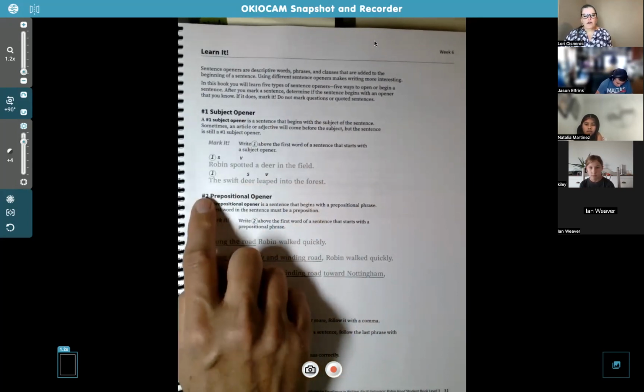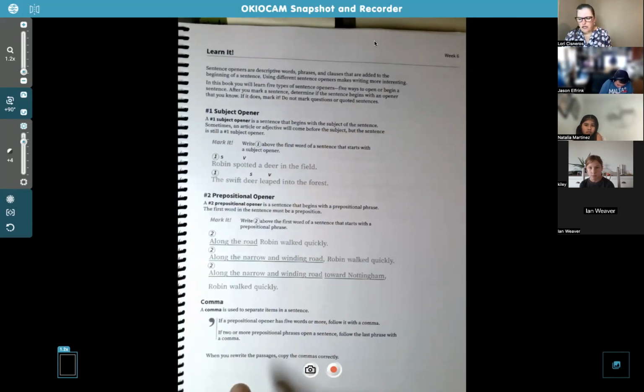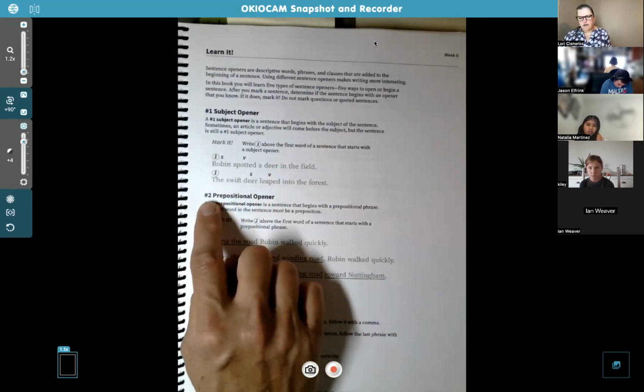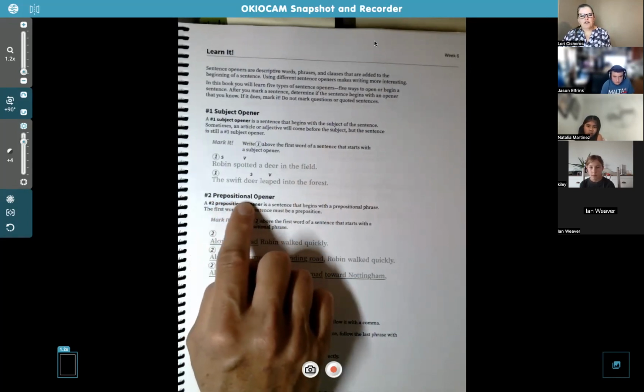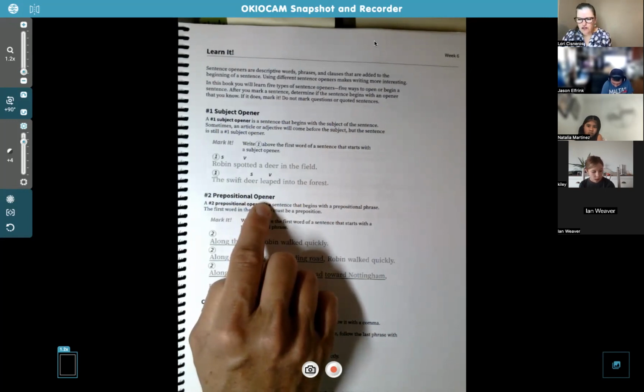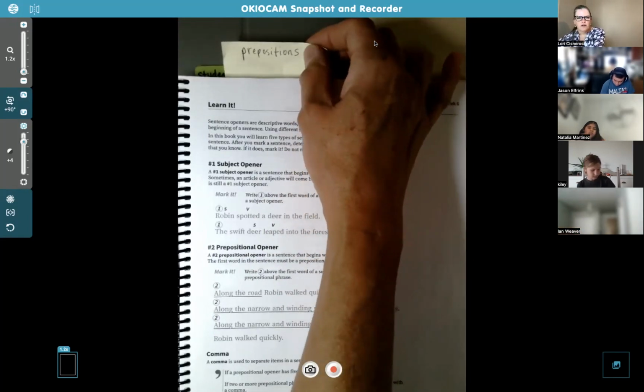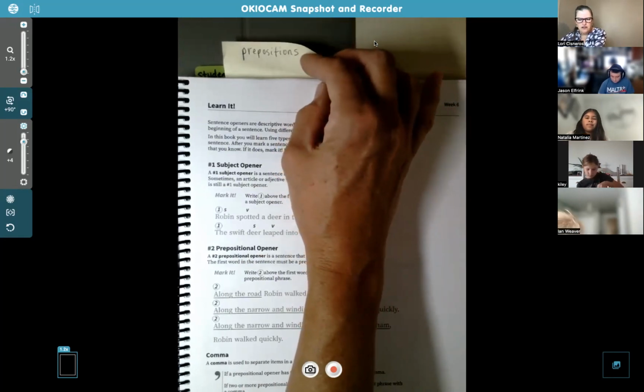The next opener you're going to learn, you're learning 2 of them today, is the prepositional opener. And you'll notice it's a number 2, so you'll label this one with a number 2. The prepositional opener starts with a preposition, and those are going to be prepositional phrases, and you'll be able to identify those because we've marked our page with this Post-it, remember that prepositions list?